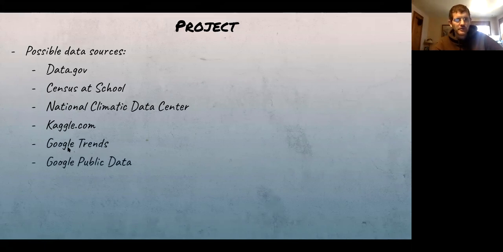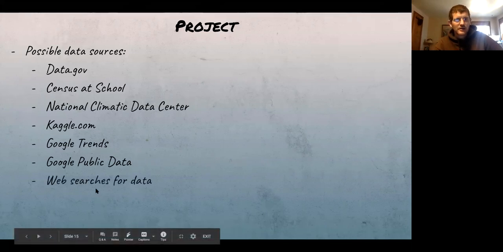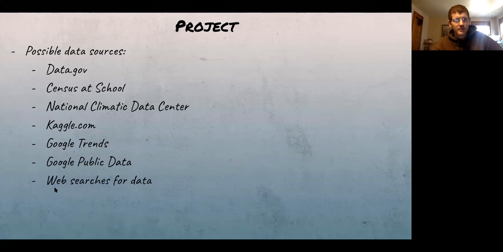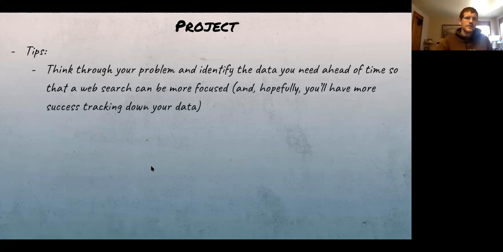I'll tell you, Google Trends you probably won't use, but maybe you can figure out a way to make it work, and I'll show you what that looks like. Google Public Data is just kind of searching Google for a lot of public data. But I think what a lot of you will end up doing, once you decide on what kind of problem you're going to work on, is just a web search. And I have a couple of tips just as you're getting going. Think through the problem of interest and identify the data that you need ahead of time so that your web search can be pinpoint accurate.